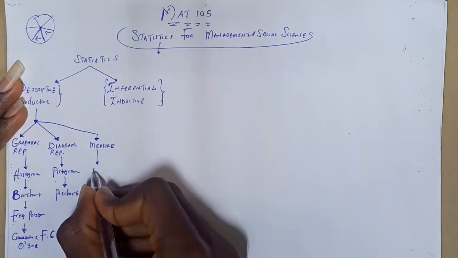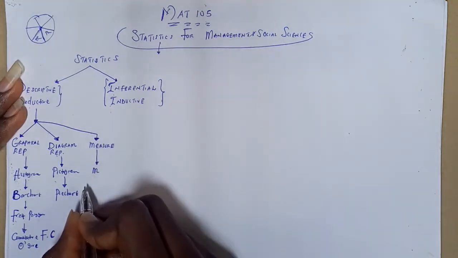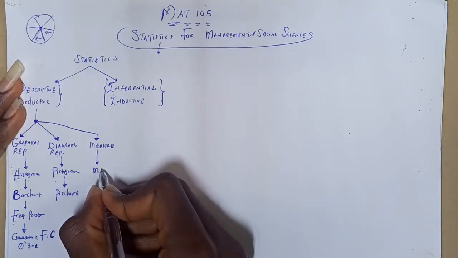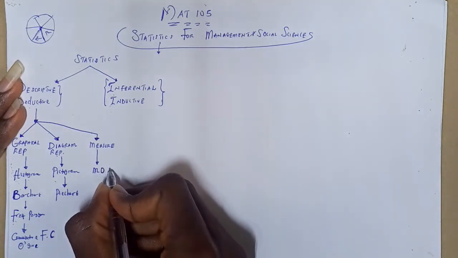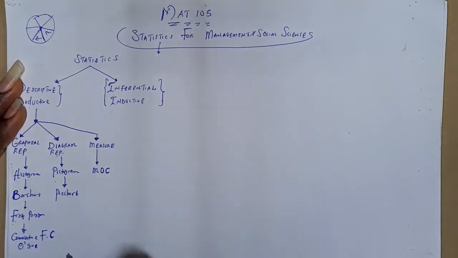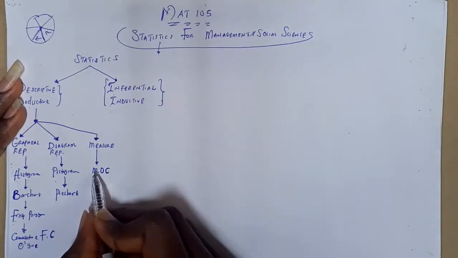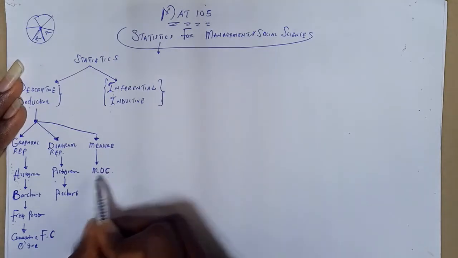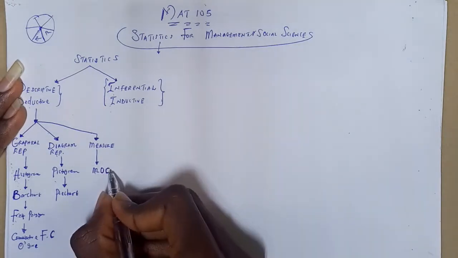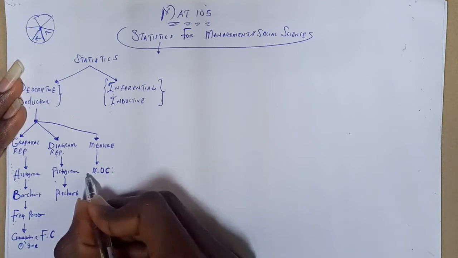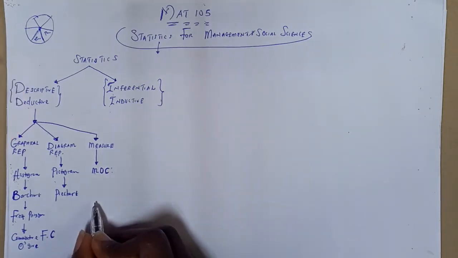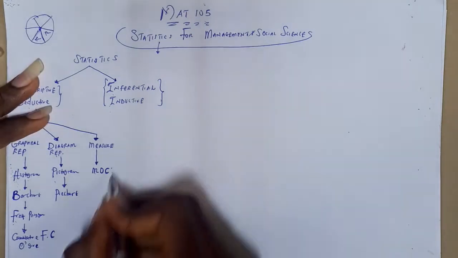The first one is the measure of central tendency. I'm trying to shorten it because of space, and that's the first one. Measure of central tendency is also known as what?